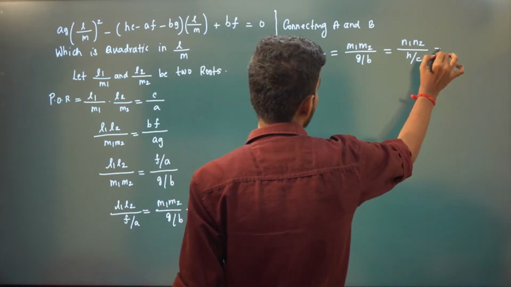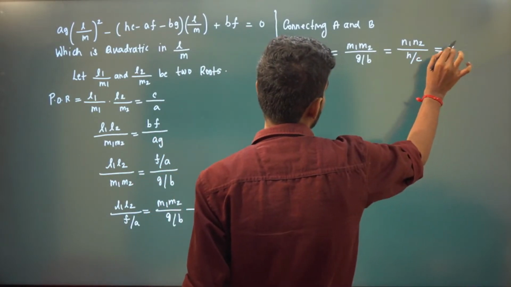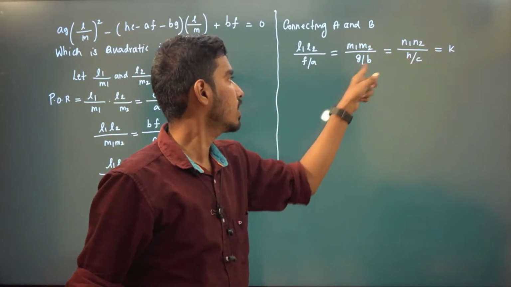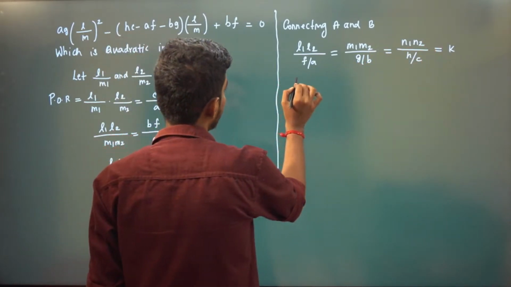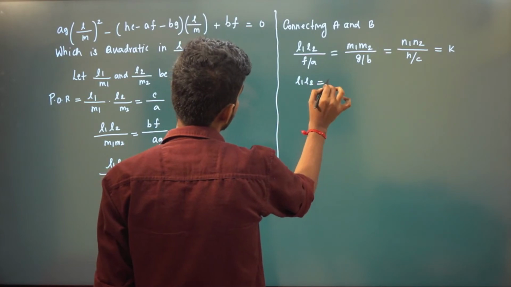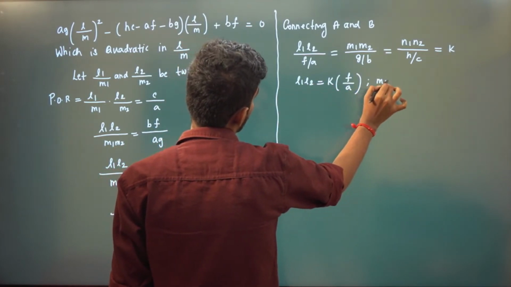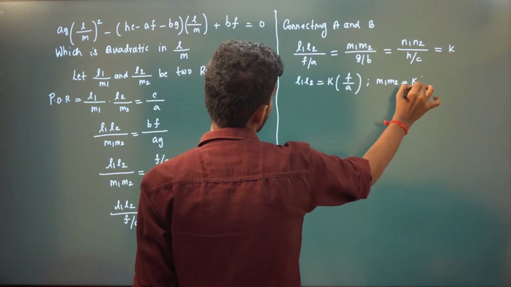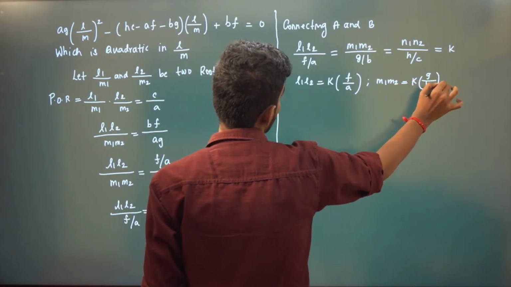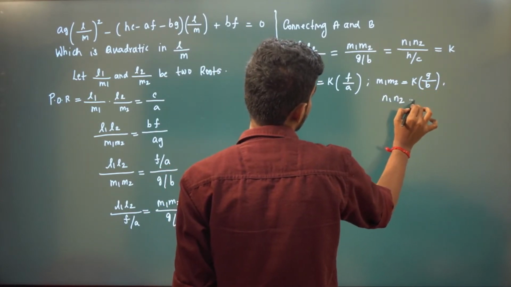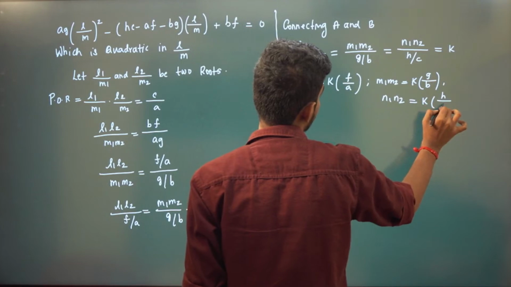All three are equal. Let us say it is equal to some K. These are proportionals, so we have L1 L2 is equal to K times F by A, M1 M2 is equal to K times G by B, and N1 N2 is equal to K times H by C.